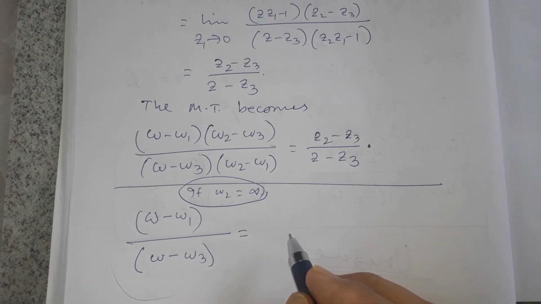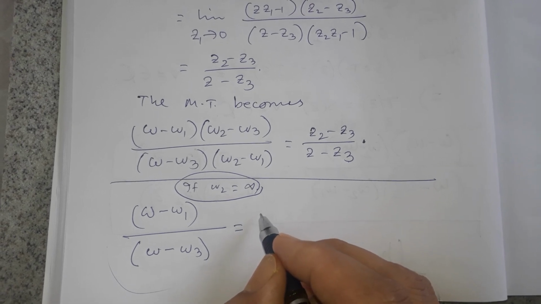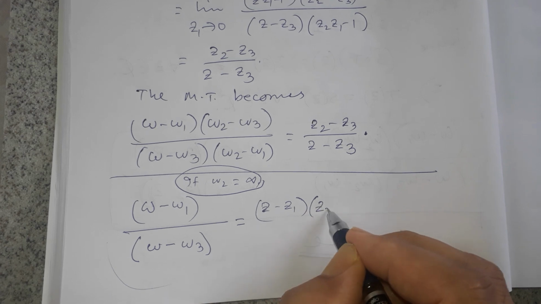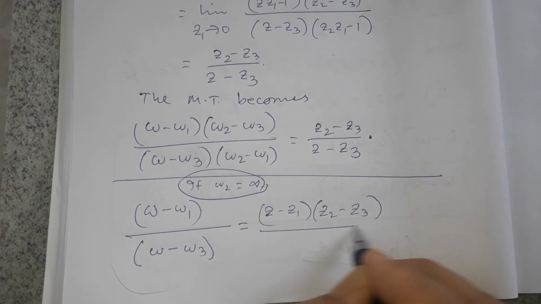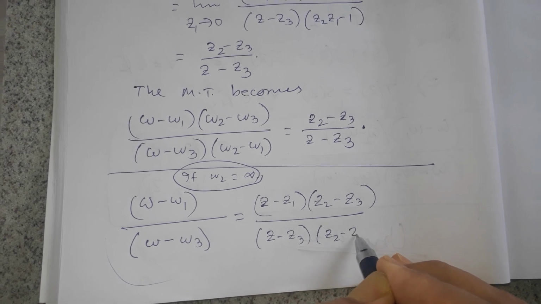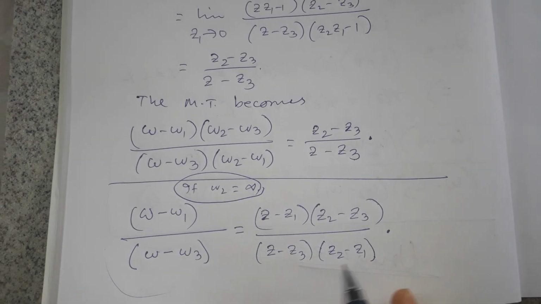On the right hand side, if no points are at infinity, this is nothing but (Z minus Z1)(Z2 minus Z3) over (Z minus Z3)(Z2 minus Z1). So that is the procedure.